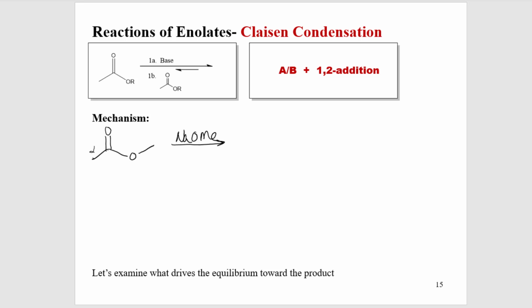All right, so here's my alpha carbon. There is an alpha hydrogen. I'm going to start with my acid-base chemistry and deprotonate, forming my enolate. Okay, now I'm going to interact.